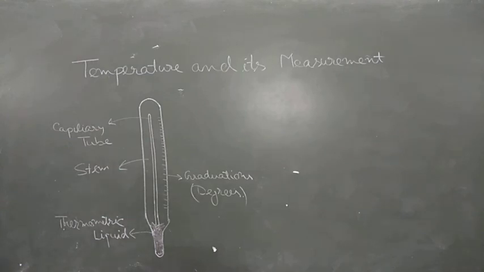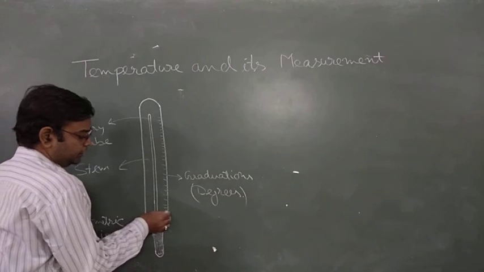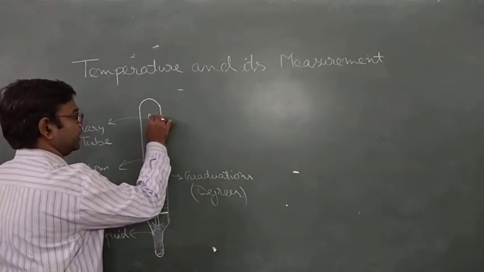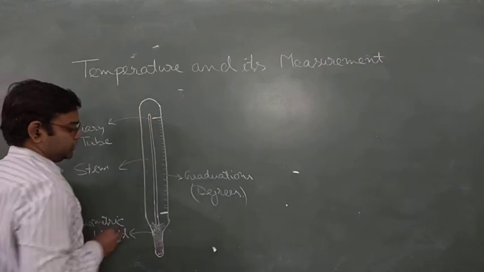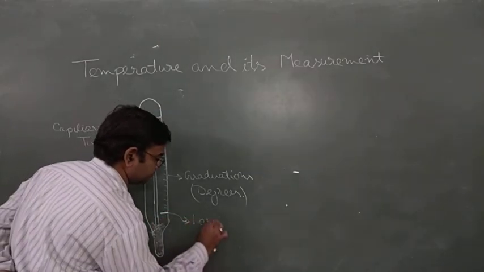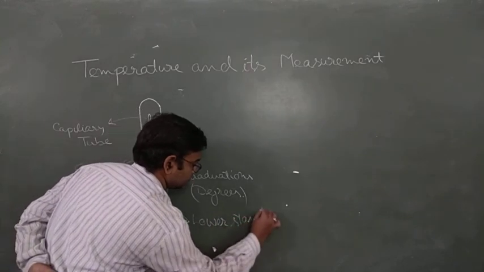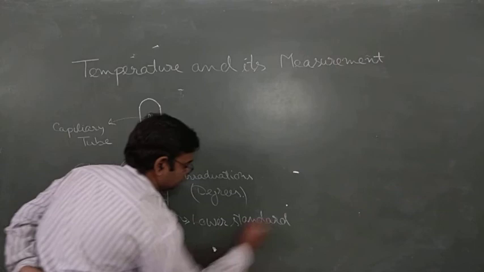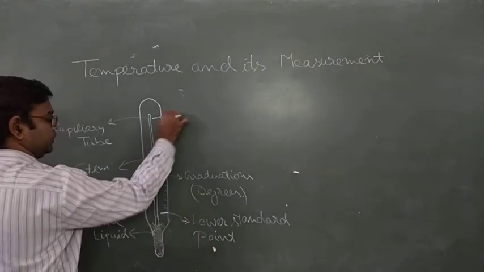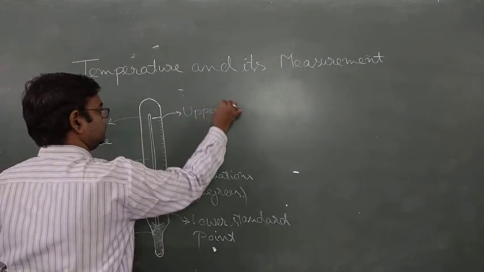In this thermometer there are 2 basic points. The one at the nearest end of the bulb is known as your lower standard point, and the one at the nearest end of the stem is known as your upper standard point.